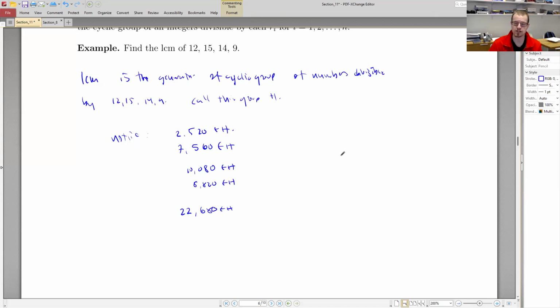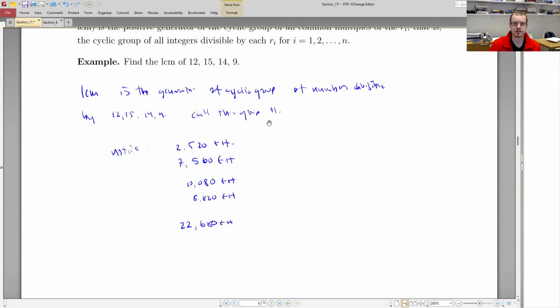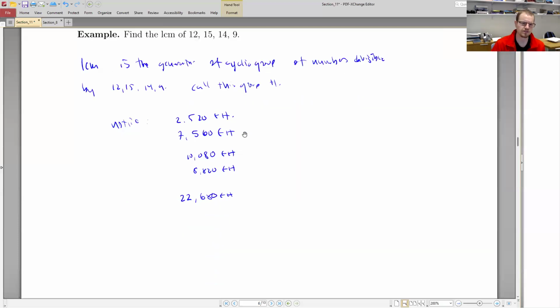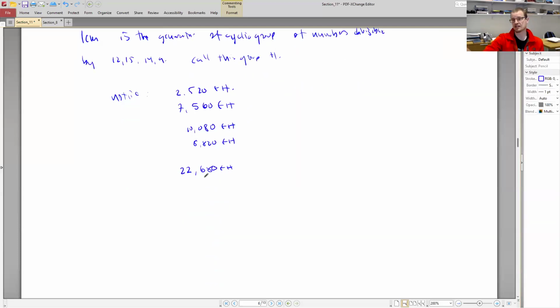We're looking at the least positive number that is divisible by each of those things. There's a negative generator as well, but we consider the positive generator. Since we're looking for the least positive number in that group, that's why it's the least common multiple. Excellent. So how do we find that generator? Well, I'm looking for the smallest number that is divisible by all of the things.